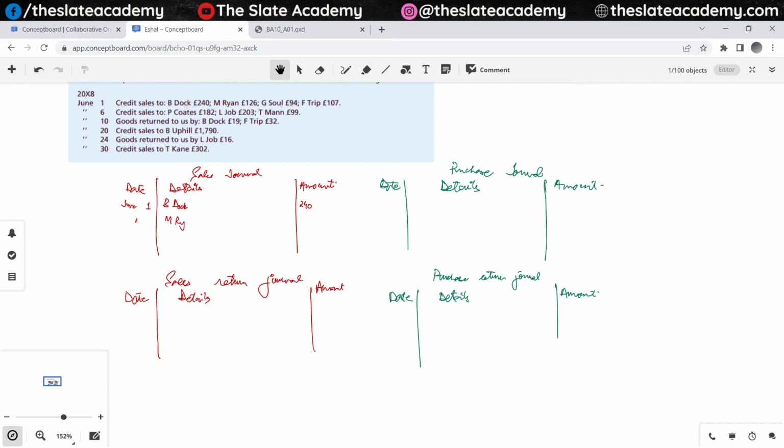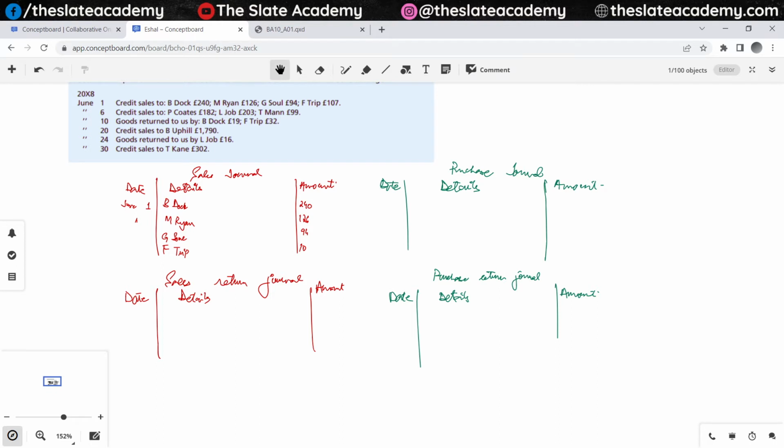M Rayan 126. And then there is sales G Soul 94. G Soul how much? 94. And then there is sales of 107 to F Trip. So I write F Trip. And how much is the sales? 107.